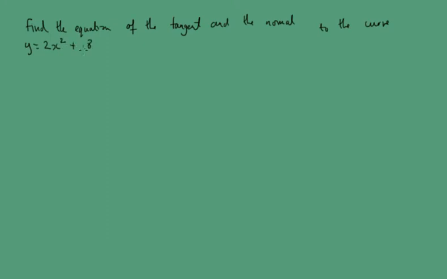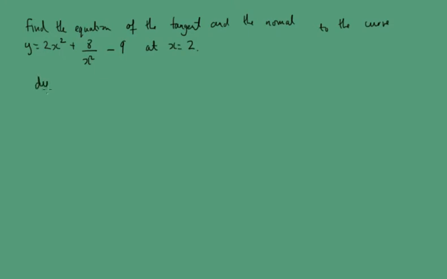So let's look at a couple of examples. If we want to find the equation of the tangent and the normal to the curve y equals 2x squared plus 8 over x squared minus 9 at x equals 2, we need to find the gradient.